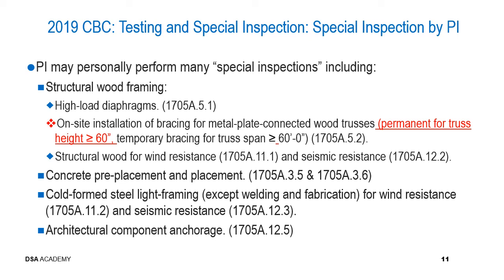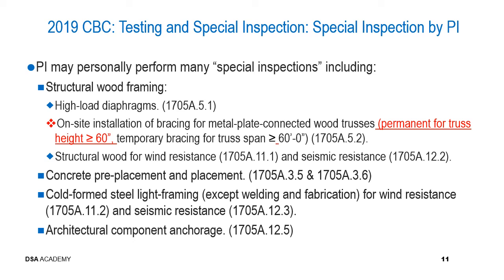Also concrete pre-placement and placement, cold-formed steel light framing, except welding and fabrication, when it's done for wind resistance can be done by the PI. And then also for seismic resistance as well. Architectural component anchorage, again, is another item that can be special inspected by the project inspector.